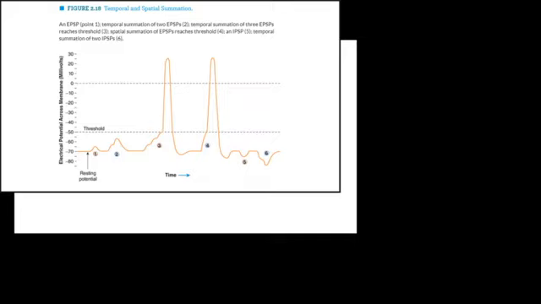So number 3, let me just double check what all the numbers are here. Because number 3 is a spatial summation of our excitatory signals. At that point, it looks like 3 little bumps that are all together.